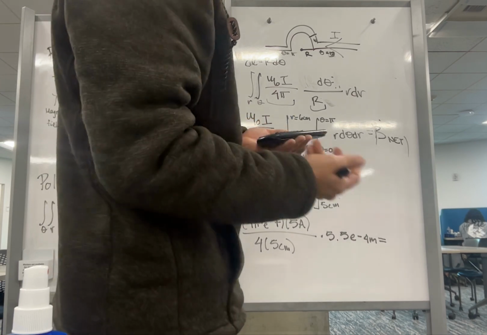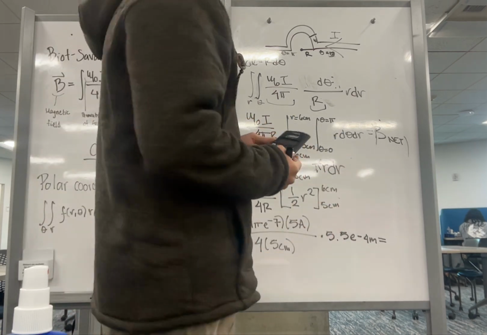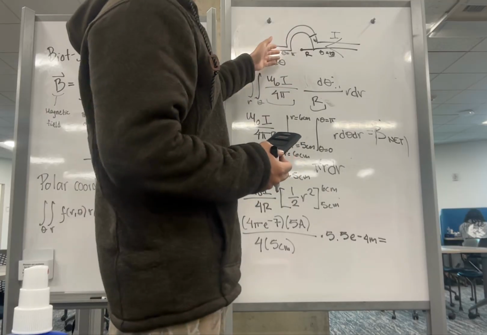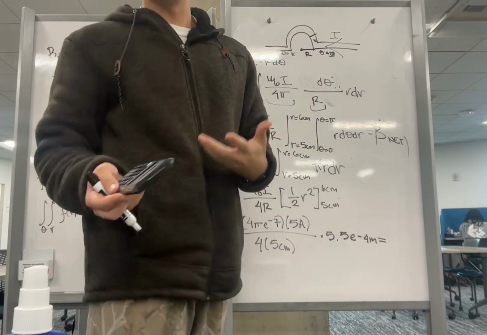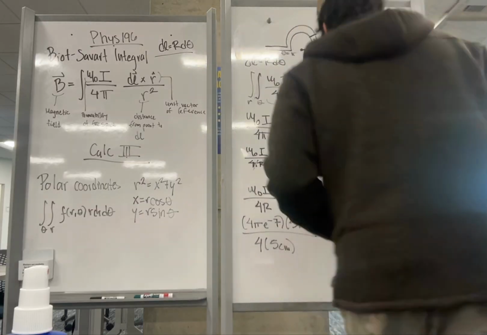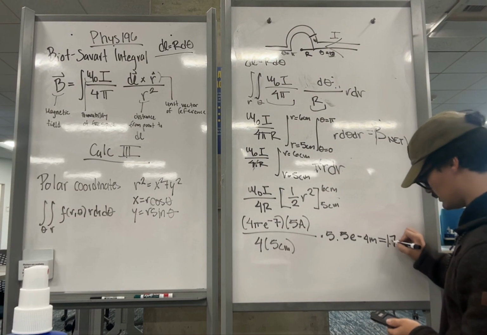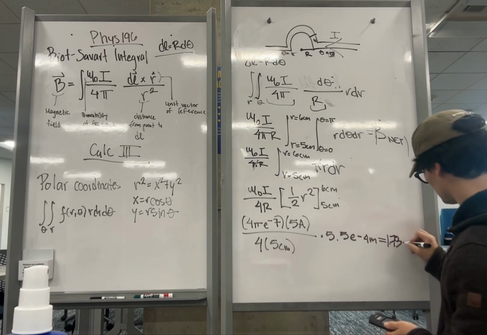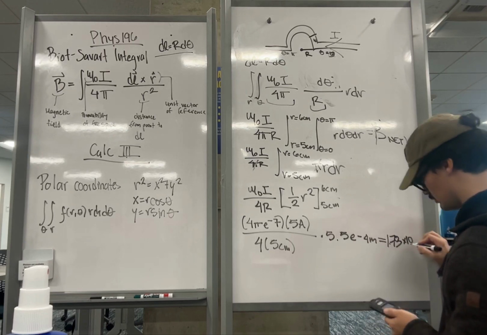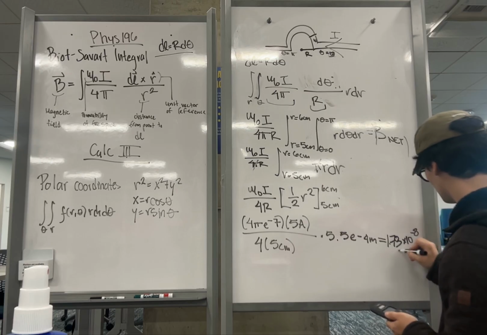So in the end, we get a really small number, which makes sense because we have a pretty average current and the coil isn't too large. So it makes sense. And it would be 1.73 times 10 to the -8th Teslas.